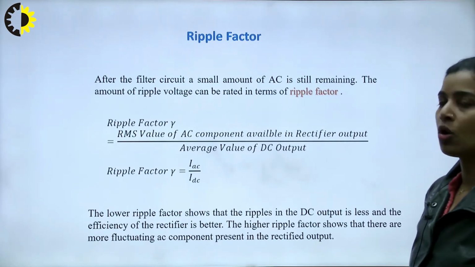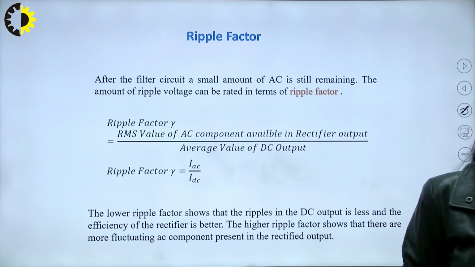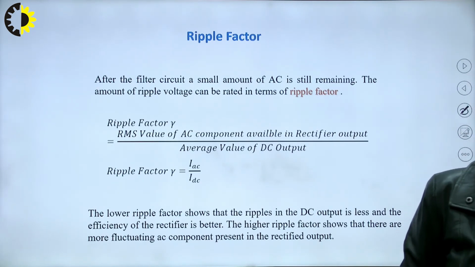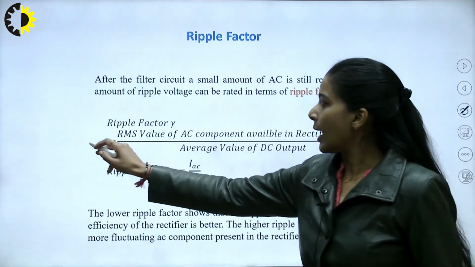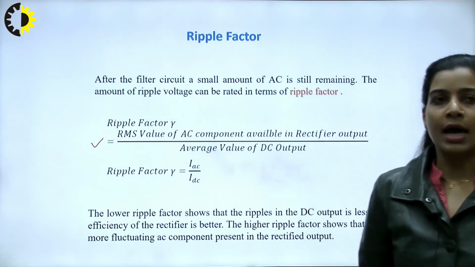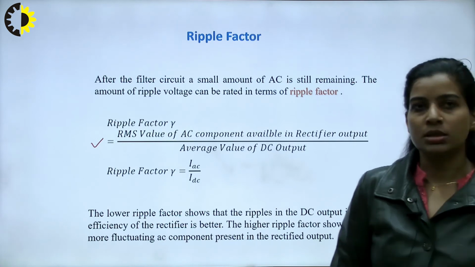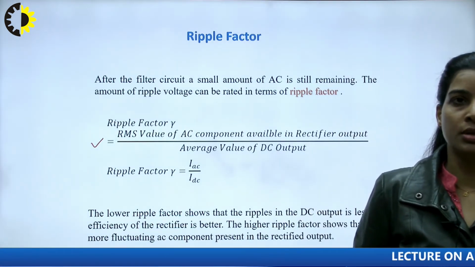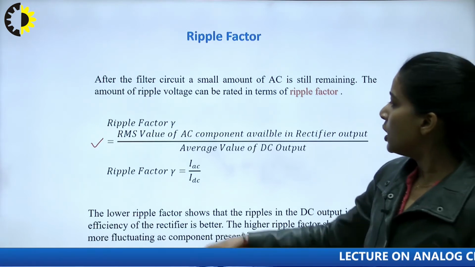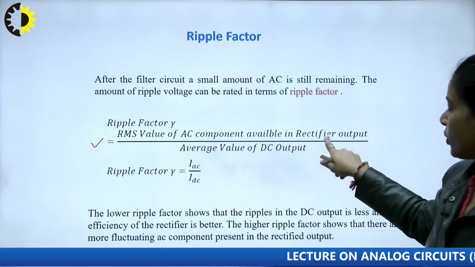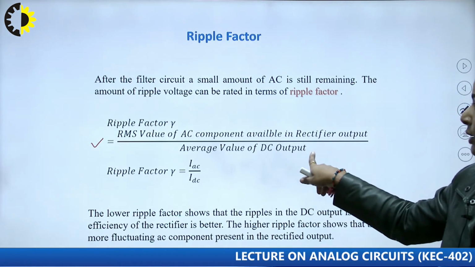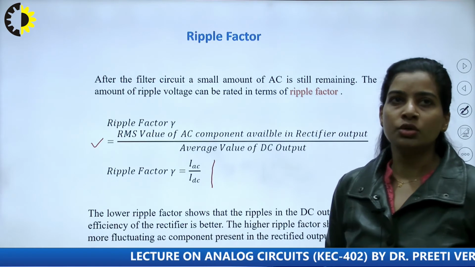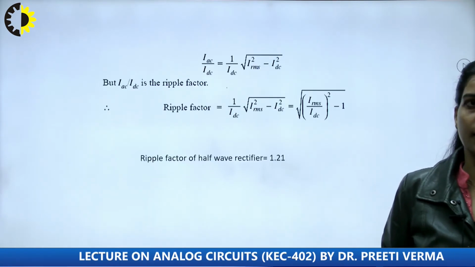That AC component that is present with the DC is called the ripple in the signal. So, ripple factor can be defined as RMS value of AC component available in the rectifier output to the average value of DC output. So, we can take the ratio of these two to get the ripple factor.